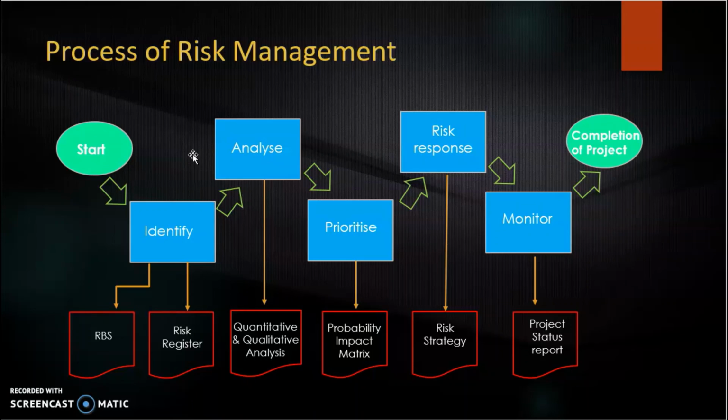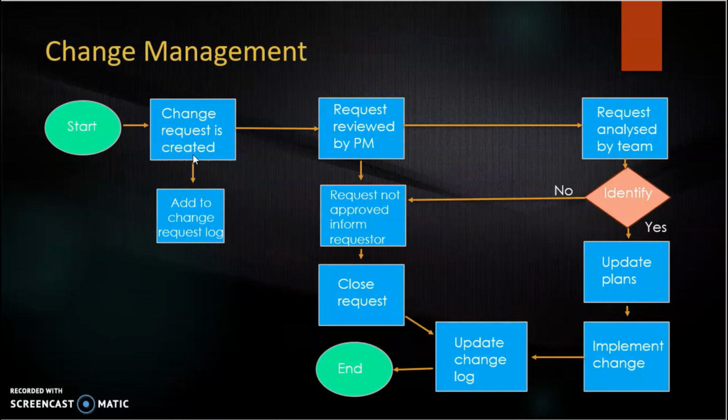We have already identified the risk from the risk register or RBS, the risk breakdown structure. Then we'll analyze using quantitative and qualitative analysis. Then we'll prioritize by the probability impact matrix. Then the risk response is done by the risk strategy. Then we'll monitor using the project status report until the completion of the project.